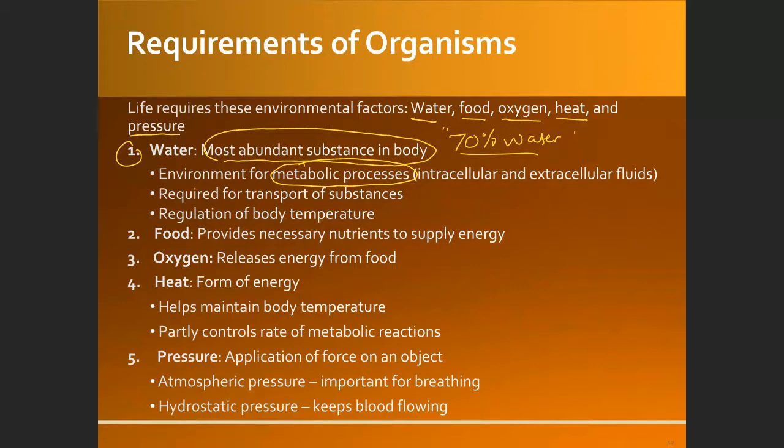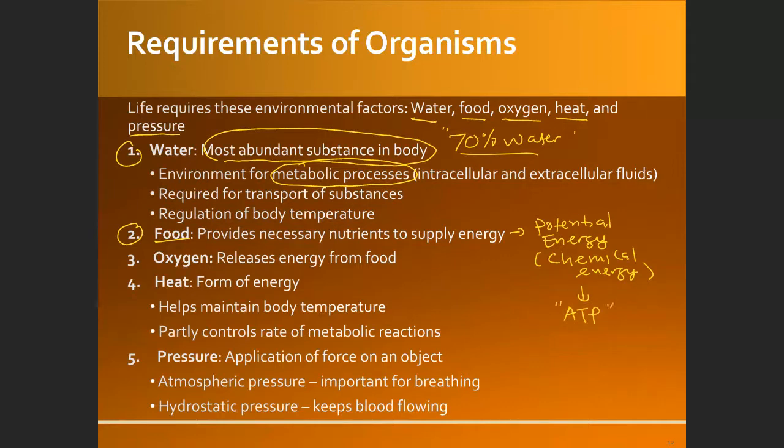Okay, and then food. This is actually the energy. This is what we call potential energy that is conserved in its chemicals. So this is chemical energy that has the potential to be converted into ATP.